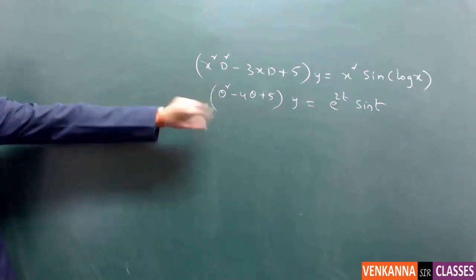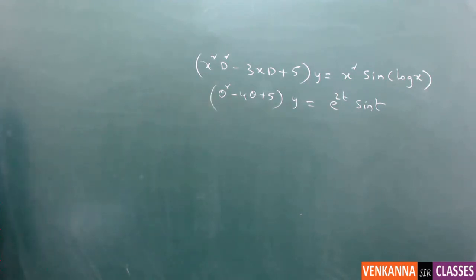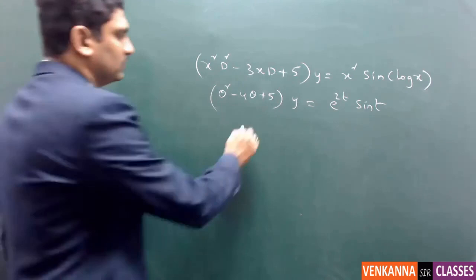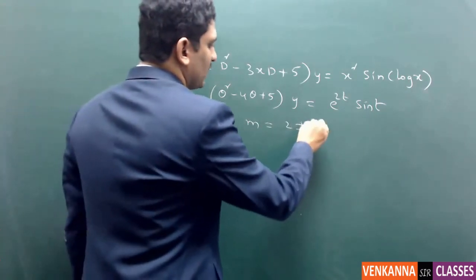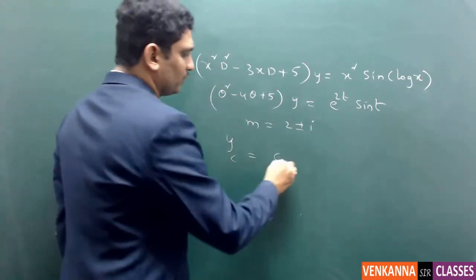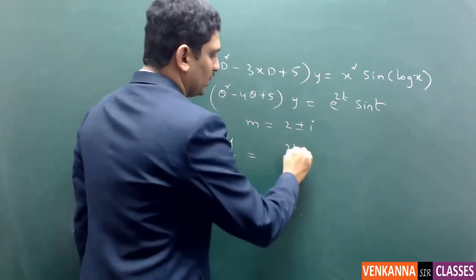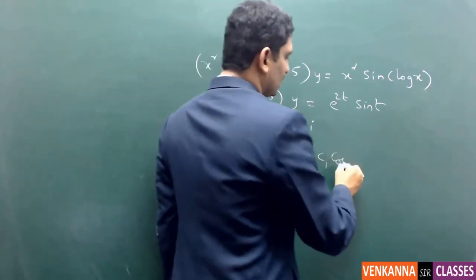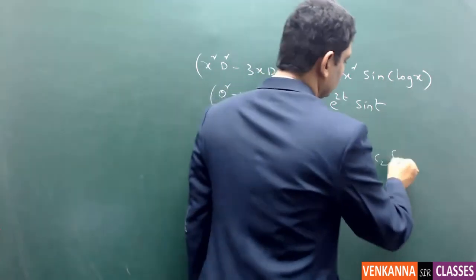So can you post the values to me? 2 plus or minus i, that's fine. So m is equal to 2 plus or minus i. So yc is equal to e power 2t into c1 cos t plus c2 sin t.